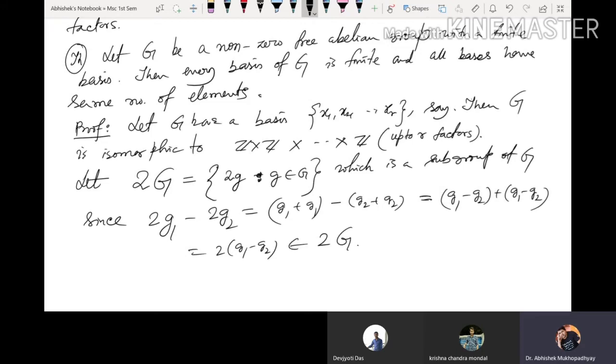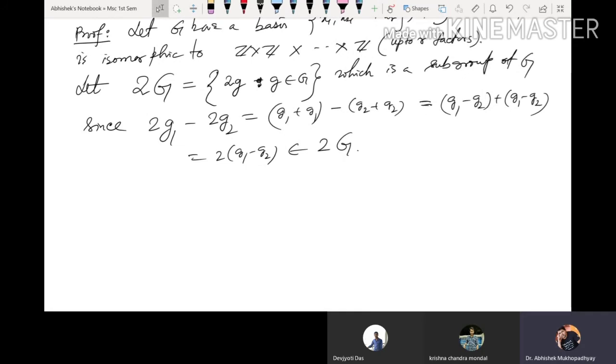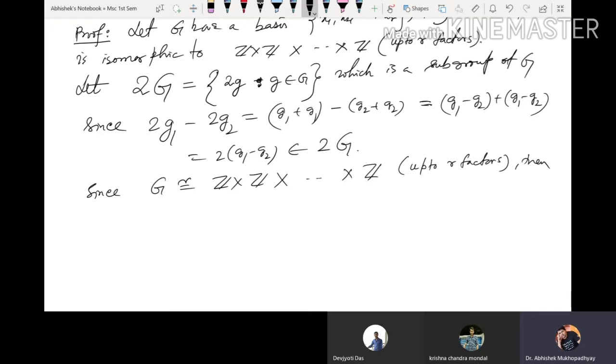Now since G is isomorphic to Z cross Z cross Z up to R factors, what will happen?